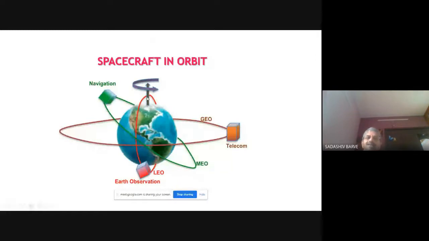While there are geostationary satellites, which you must have come across as the Indian National Satellite, your INSAT class of satellite. They are communication satellites actually, so they need to be at close to 36,000 kilometers.